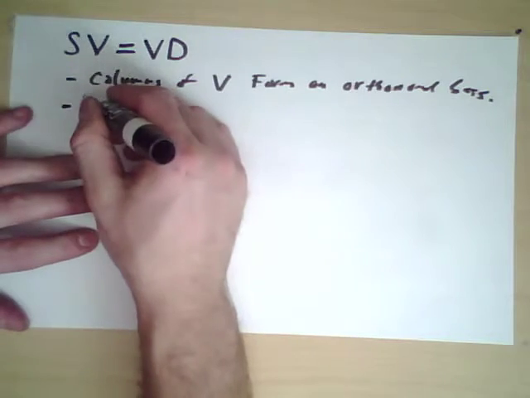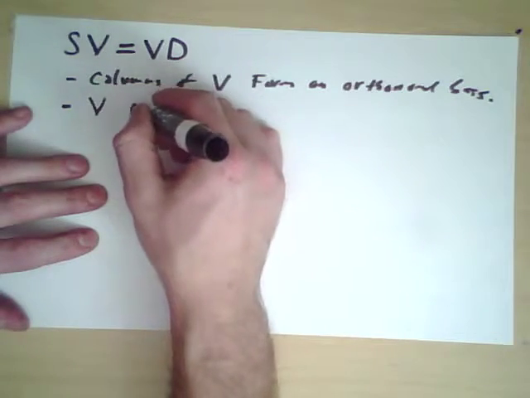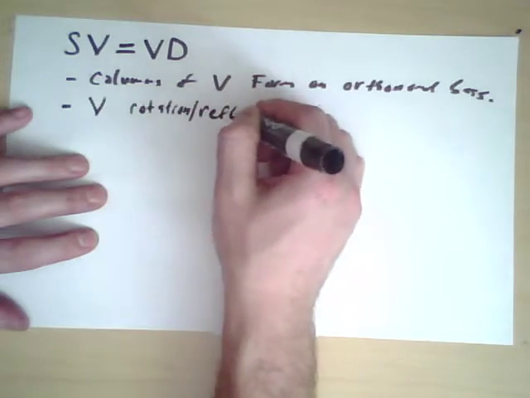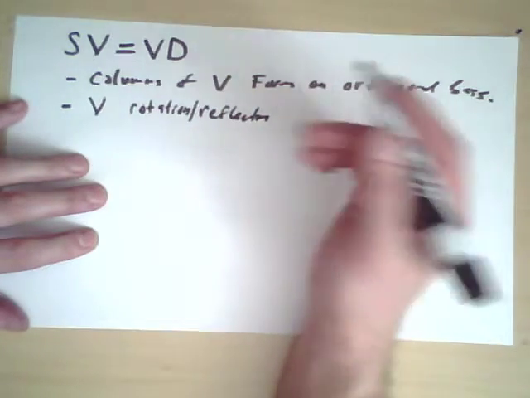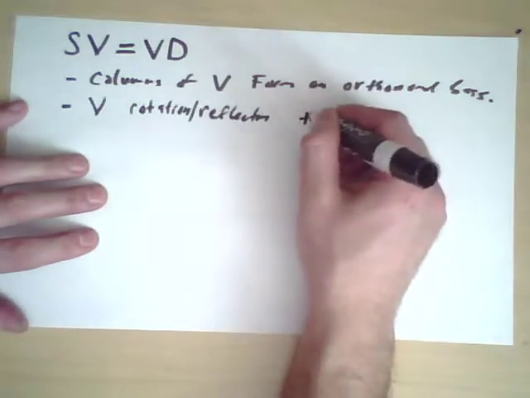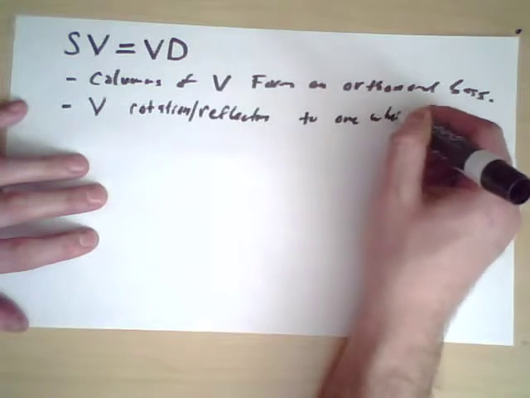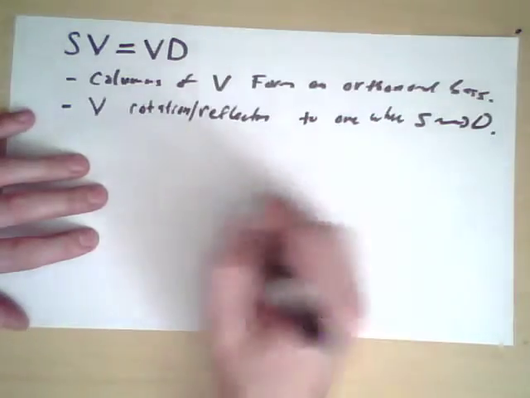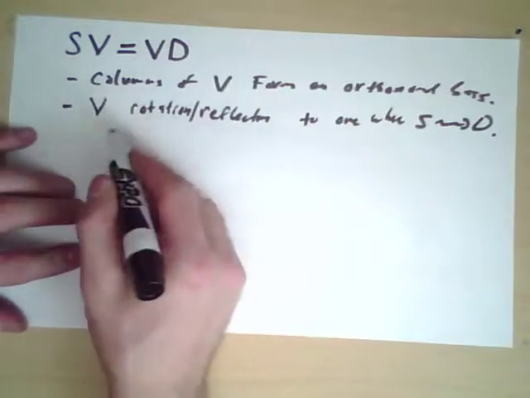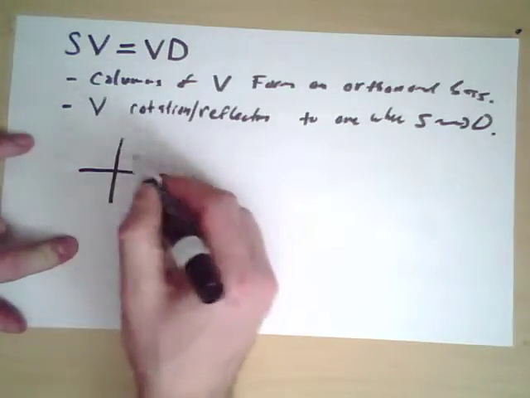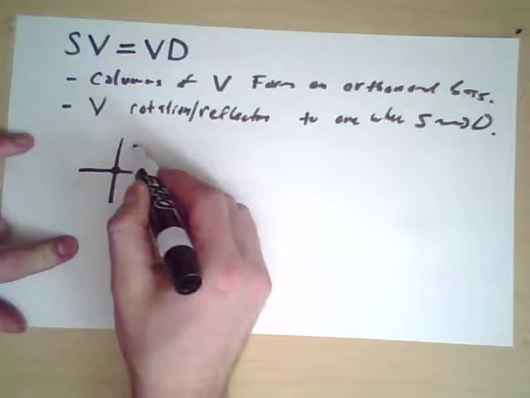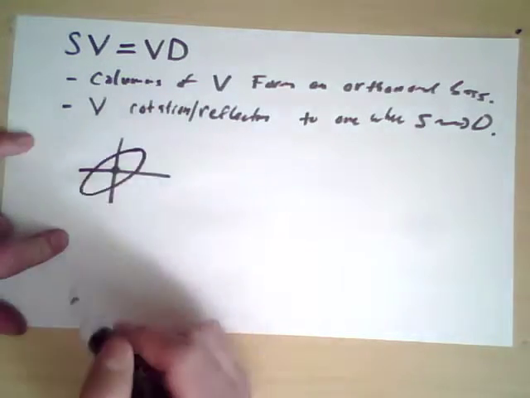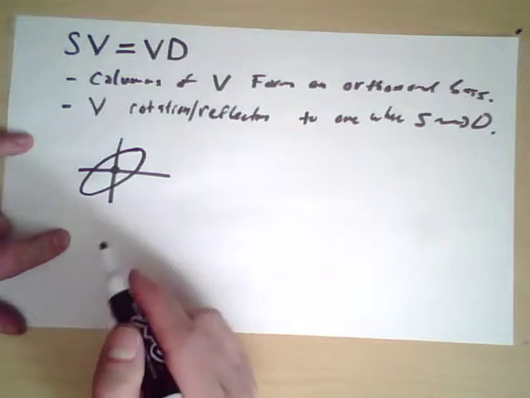That means that overall V is a combination of rotation and reflection from the original coordinate system to one where S becomes D. Of course, that's sort of shorthand, but what we're saying here is the following. In our original coordinate system, the matrix S is representing some ellipse.